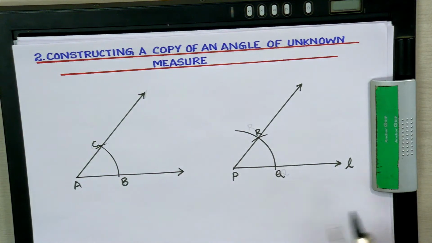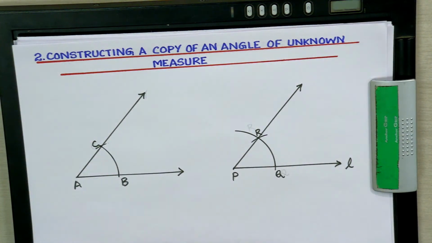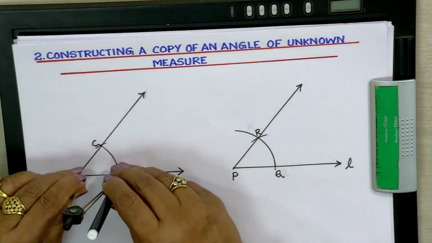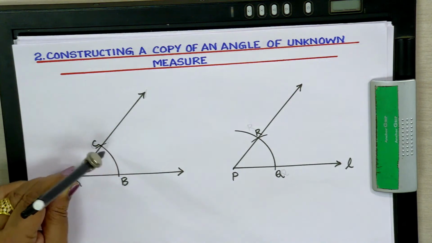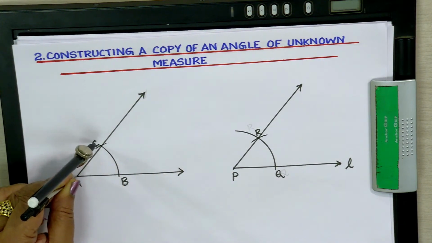Right children? Shall I repeat once more? We had an angle A here whose measure was not known. So, what was our first step? We took a radius to cut the two rays of this arc at 2 points, namely B and C. Okay.